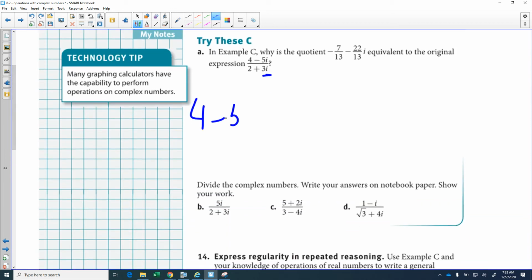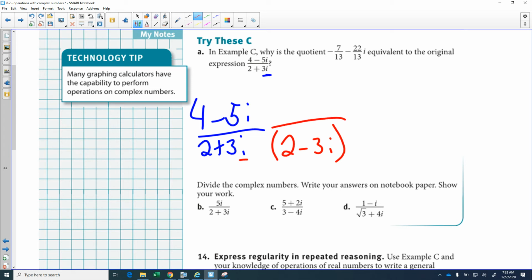So this problem becomes pretty straightforward. I'm going to take 4 minus 5i divided by 2 plus 3i. To get rid of this bottom i value, I have to multiply the bottom by its conjugate, which is 2 minus 3i. Whatever we do to the bottom, we also have to do to the top. We're also going to multiply the top by 2 minus 3i.